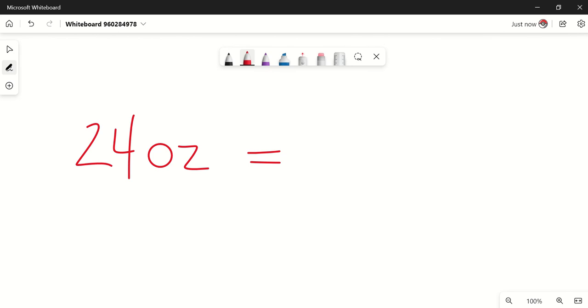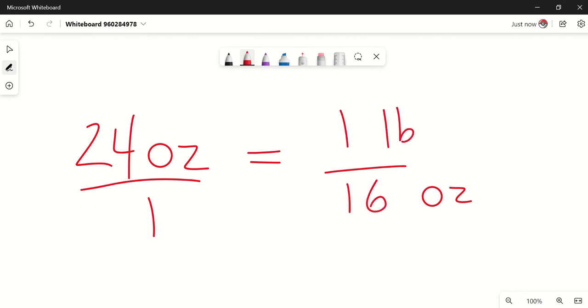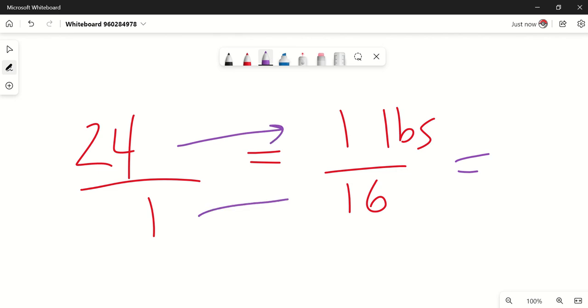Now remember, ounces on this side means ounces needs to be here. This is where I flip my unit ratio. The ounces need to be diagonally across from each other. Therefore, pounds will be on top, and the ounces will cancel out because my answer is going to be in pounds. Now I'm just going to multiply straight across, which ends up giving me 24 divided by 16, because every 1 pound has 16 ounces in it. So I'm going to do 24 divided by 16 over here.